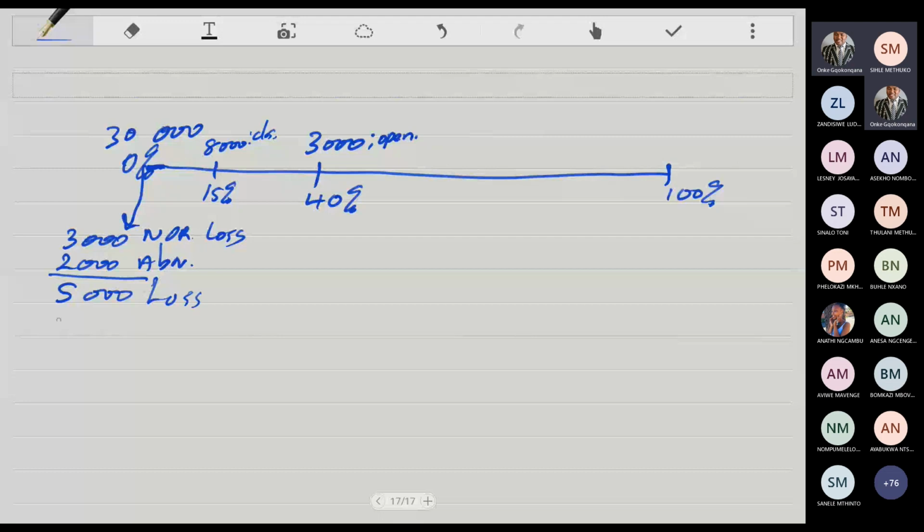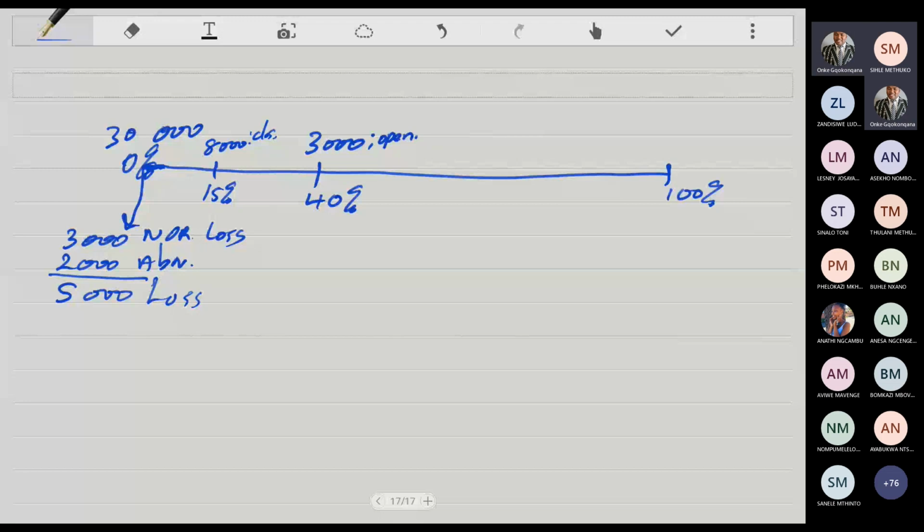And when did we lose these 5,000 units? They say right at the beginning of your production process. So we said 1% completed, 2% completed, with 30,000 units minus 5,000 units.